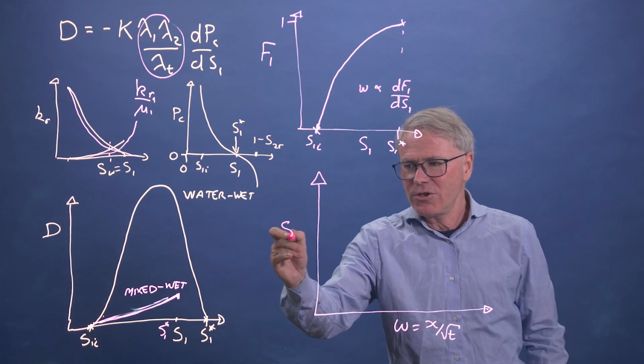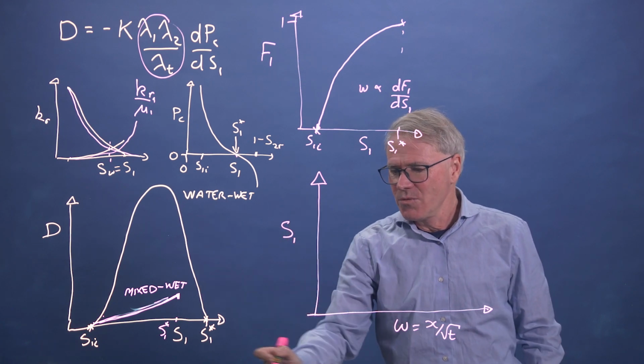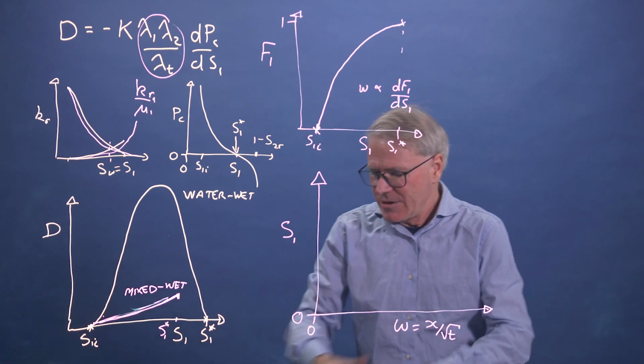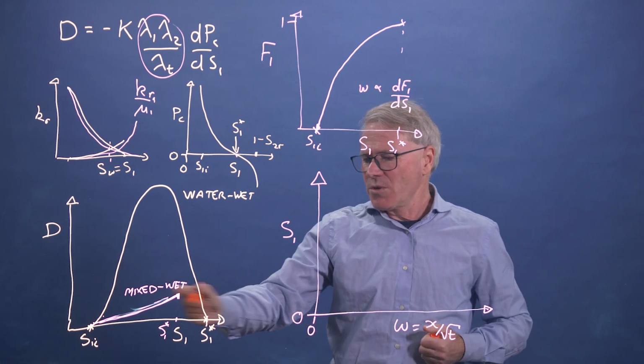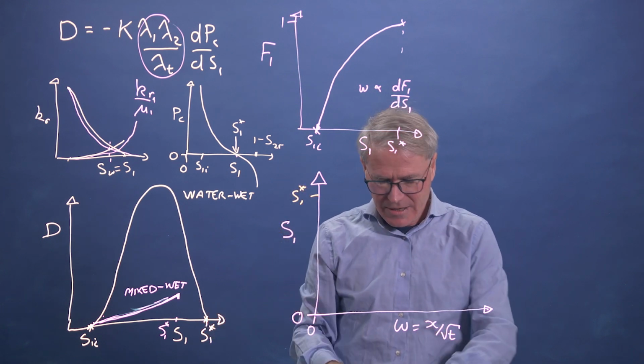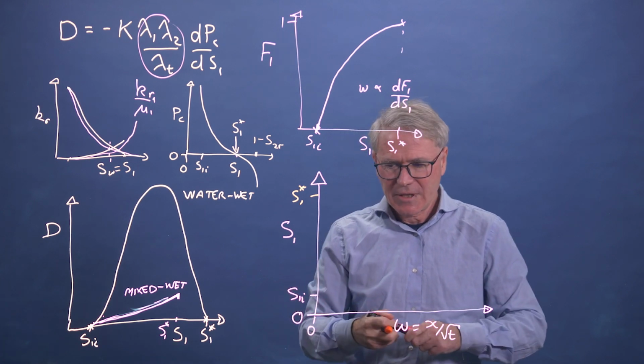And this is saturation, okay? And we're going to do 2 cases. We'll do the water wet and the mixed wet case, so this is 0, 0. So let's do the water wet case first. So the water wet, we imbibe to this S1 star, which can be reasonably high. We've got an initial saturation here, okay?